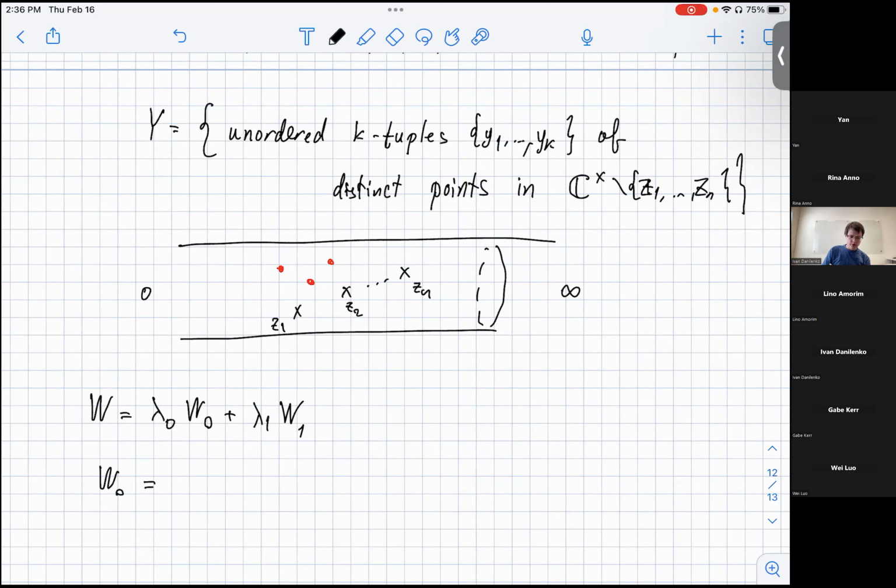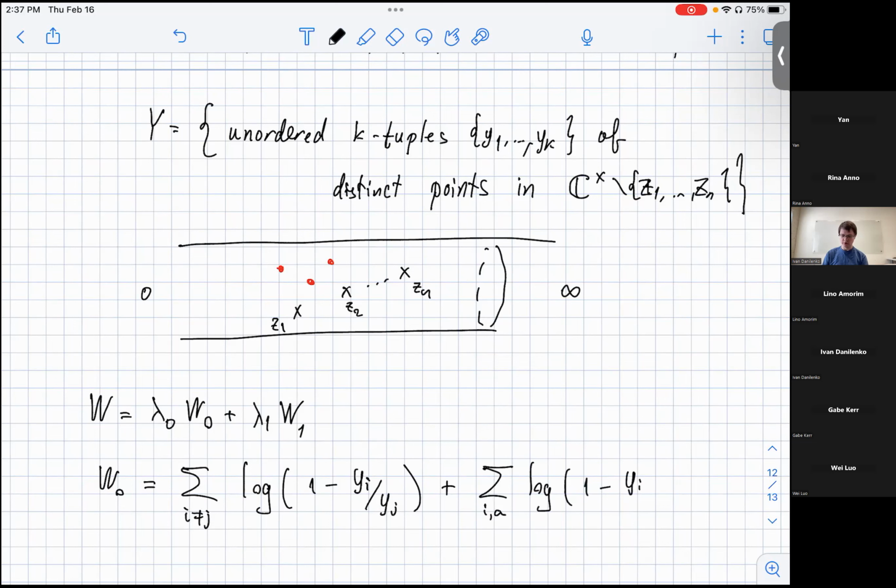And W0 would be of this type. So this is the interaction of points with each other, plus a summation over i and a, the interaction between the points and the punctures.